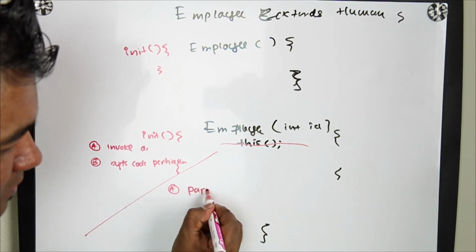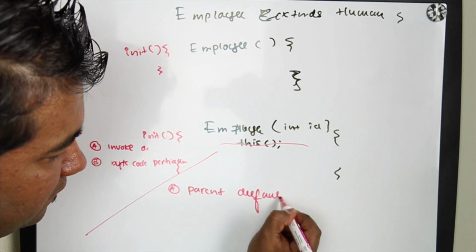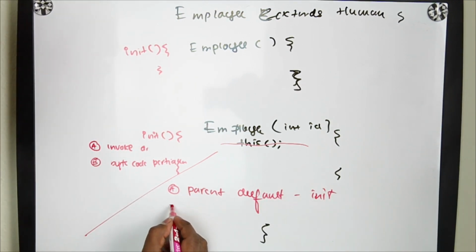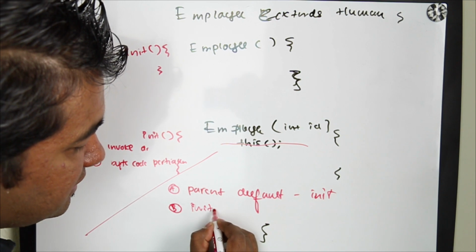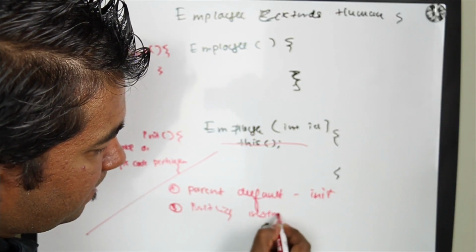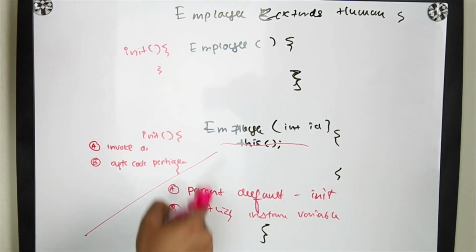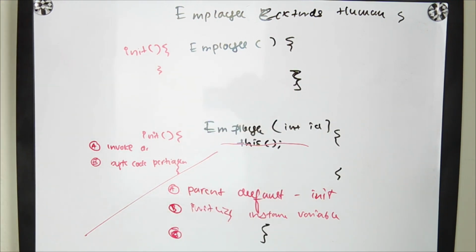So parent default constructor init method, and also it has code to initialize instance variables, and finally bytecode for this particular constructor.